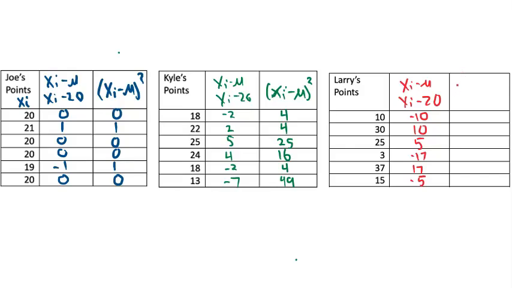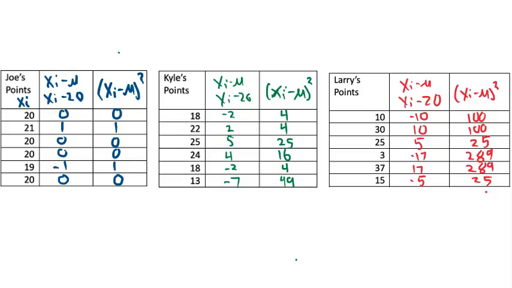I'm going to do the same thing over there. Xi minus mu squared. Squaring 10, you get 100. And then 25. And then if I square 17, I get 289, actually. 289, squaring 5 gives me 25. Okay, but now we're just going to do the same thing.